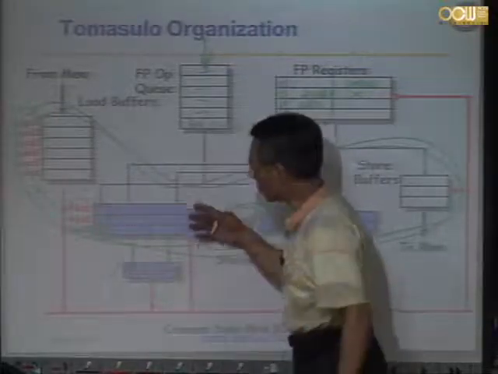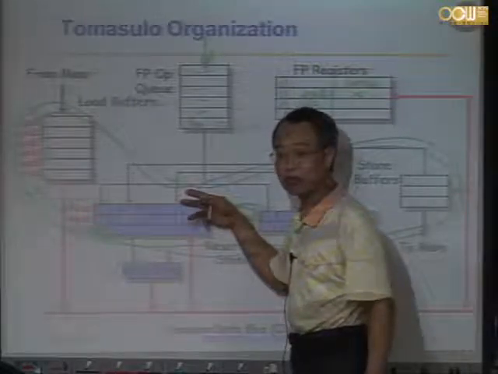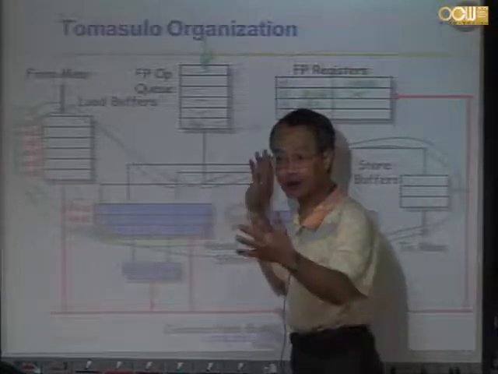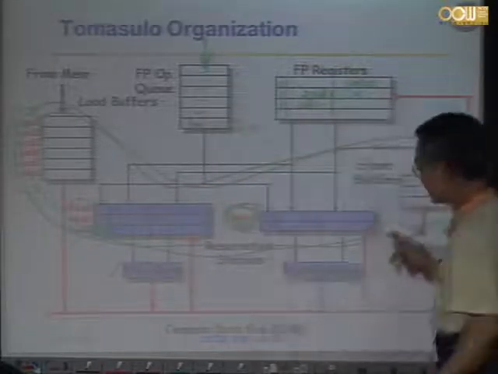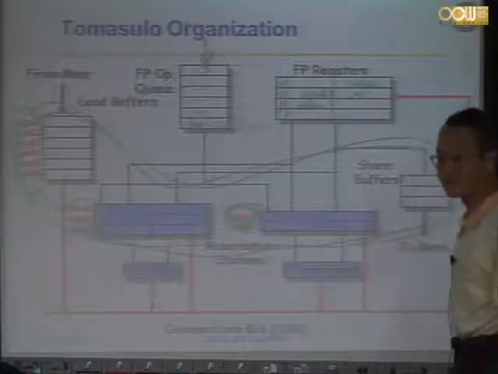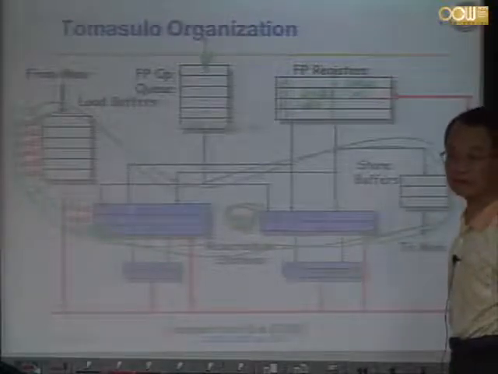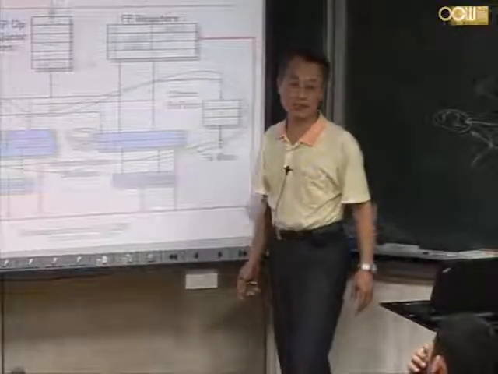If you think you should have more adds, then put one more here. If you don't have chip space, then see which one is least utilized and cross it out. That's the so-called optimization.